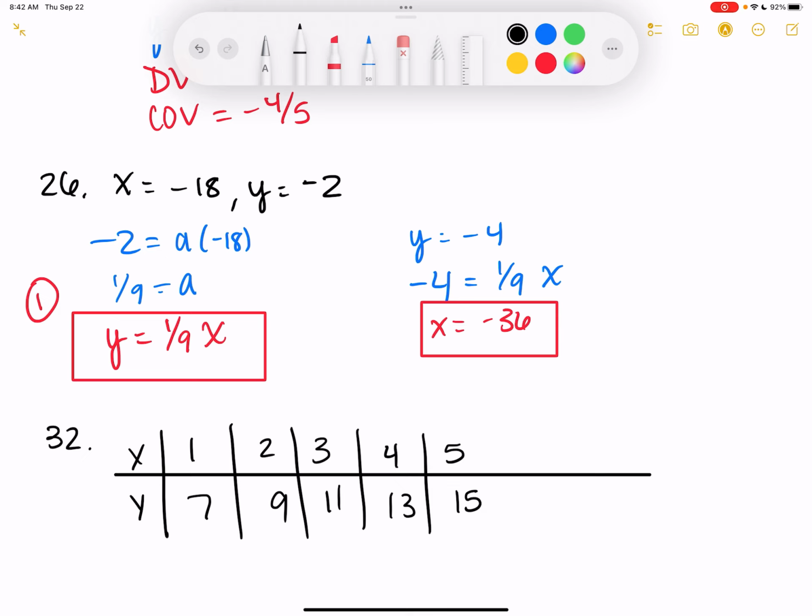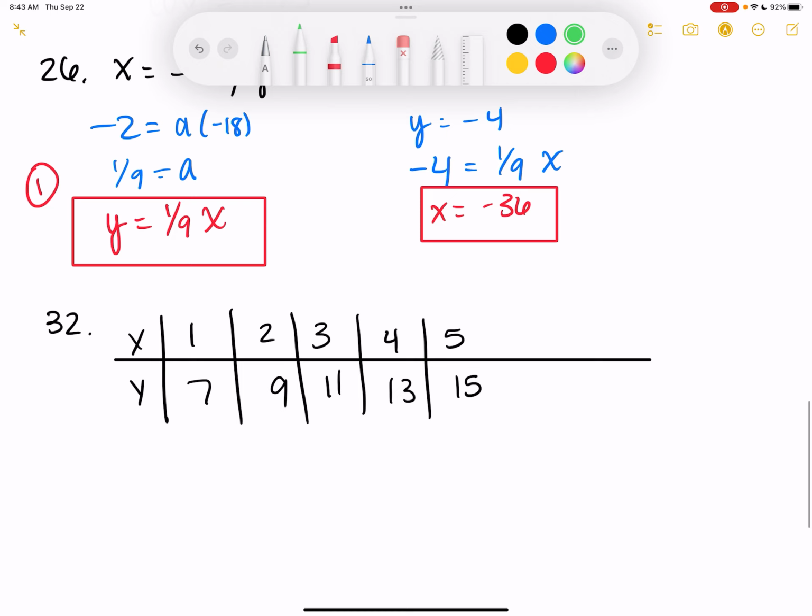And they want to know if it is direct variation or not. So basically what we're going to do is group these as individual ordered pairs, and check and see what happens when we use them.